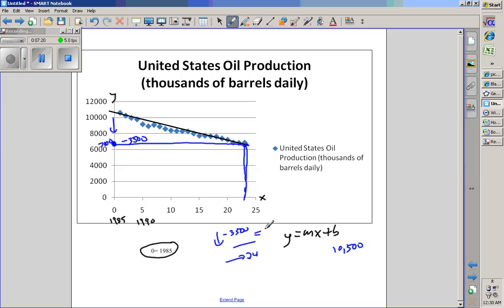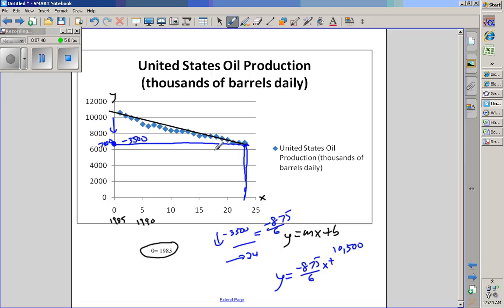That simplifies to negative 875 over 6. So now I know my equation is y equals negative 875 over 6 x plus my y-intercept of 10,500.